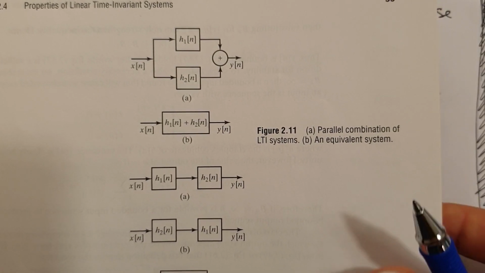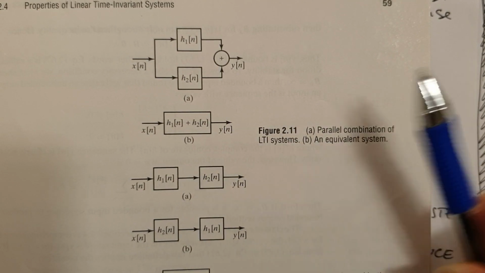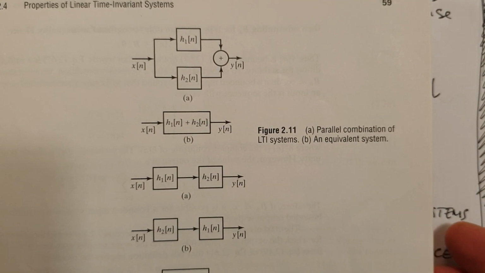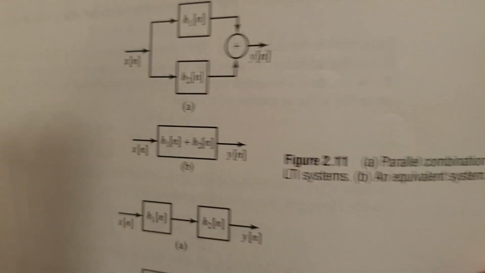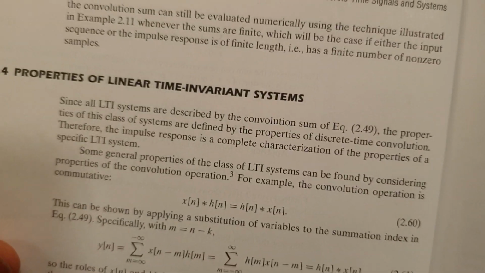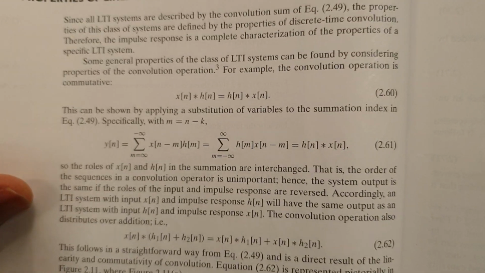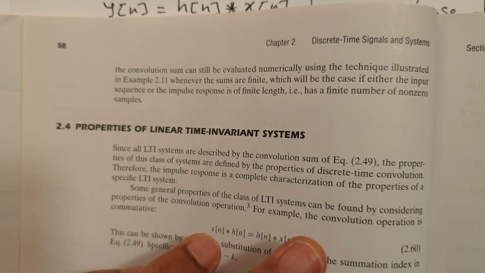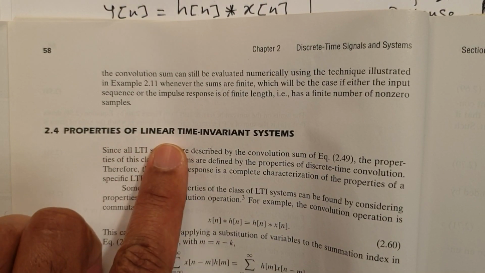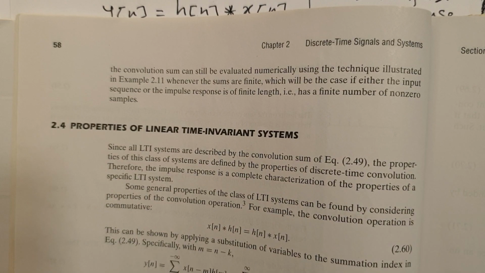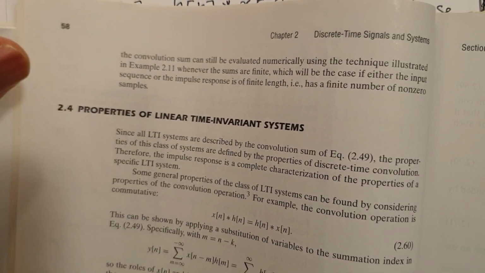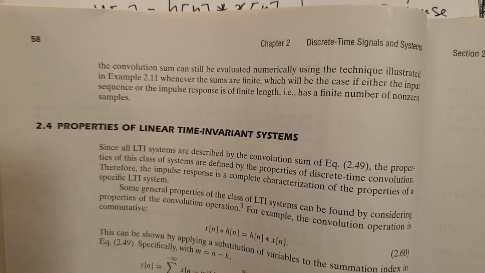We are not dealing with complex systems like this right now, so we are looking at one system at a time, and you will not need this at the moment. So this is section 2.4 with properties of linear time invariant systems. You can just read a little bit through it to remember, because we have covered this part in the course already.